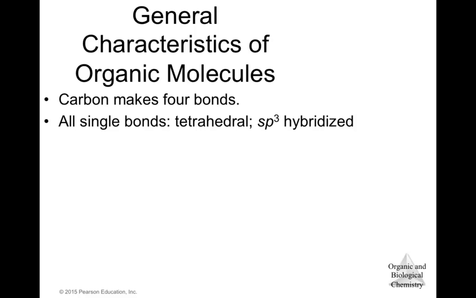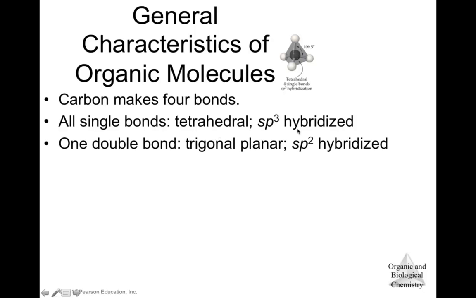All single bonds, tetrahedral, is known as hybridization sp3. As we can see here, we have a carbon in the black sphere. We have four hydrogens around it, and the geometric structure is tetrahedral, and the angles between those carbon-hydrogen bonds are 109.5 degrees, and the hybridization of this carbon is sp3.